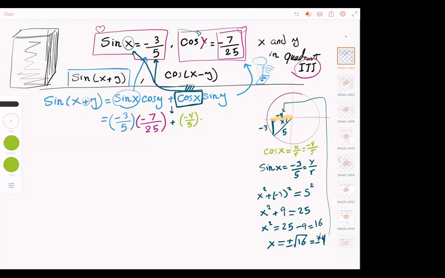Multiply by, what is sine of y? Do we have sine of y? No, correct? Sine of y is not given. Sine of x is given, we used it. Cosine of y is given, we used it. Cosine of x, we solved it. Sine of y, we need to do the same thing as this.